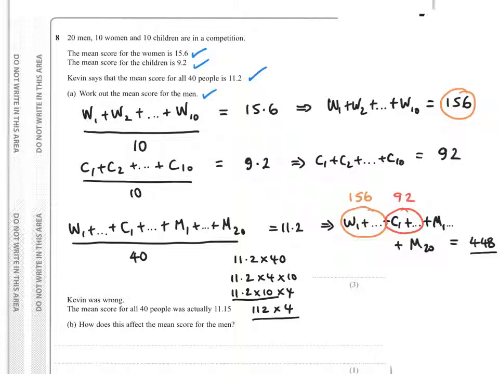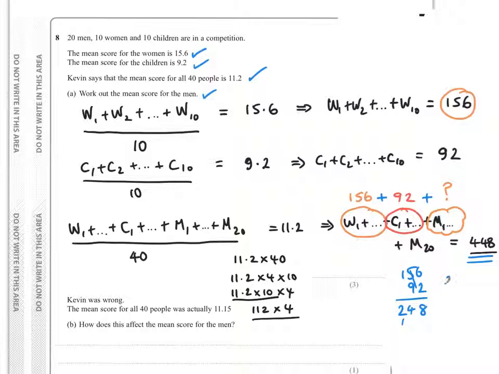So to do that, we just have to work out, well, how many men were there? Well, that's an unknown here, so we don't know that just now. But we know that 156 plus 92 plus what we're trying to find out is 448. So if we do 156 and 92, we get 248.